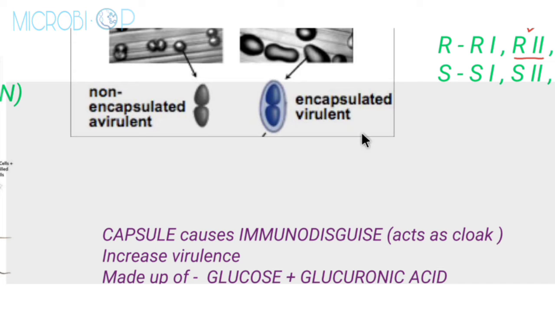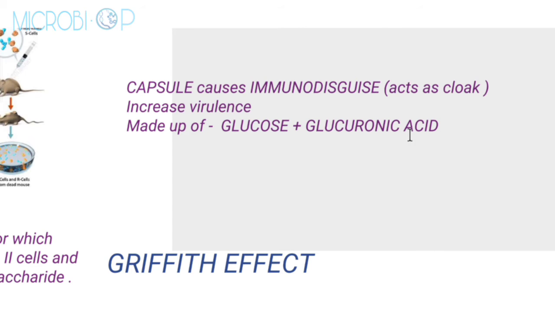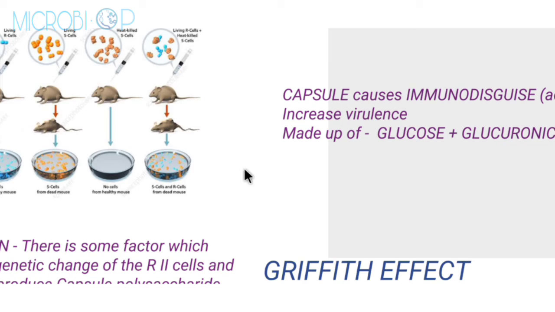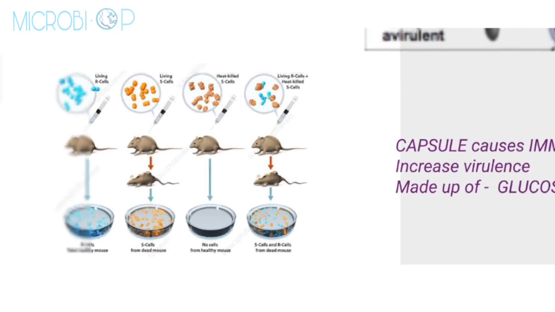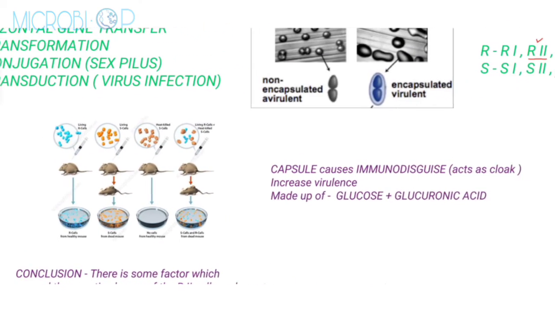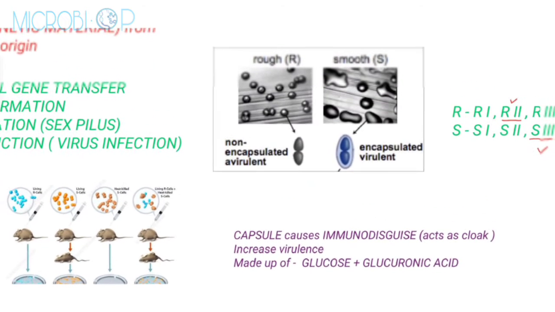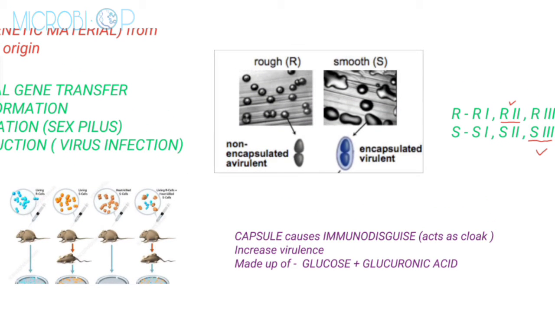Please remember the monomer units of the polysaccharide which makes the capsule: glucose and glucuronic acid. Now coming to the experiment, let's recap the factors for why Diplococcus produces either smooth or rough colonies.